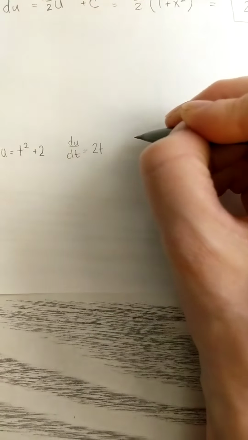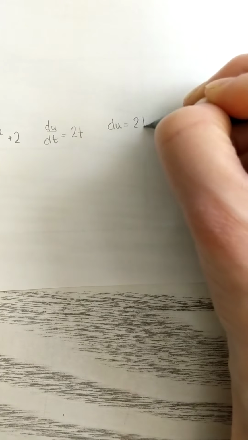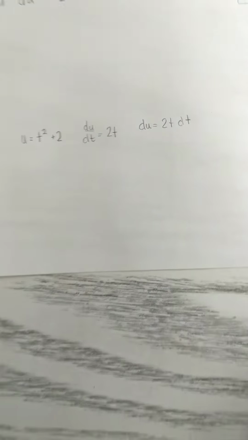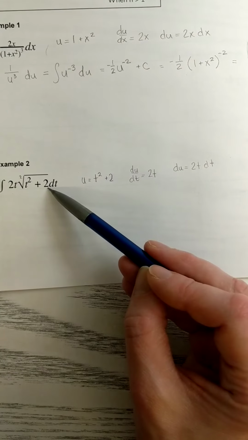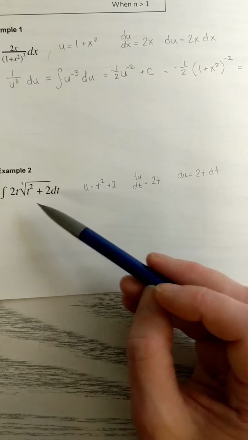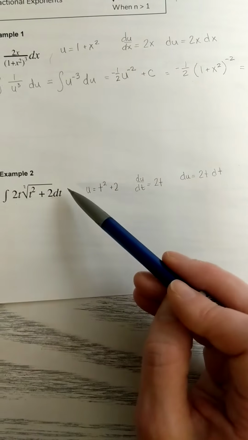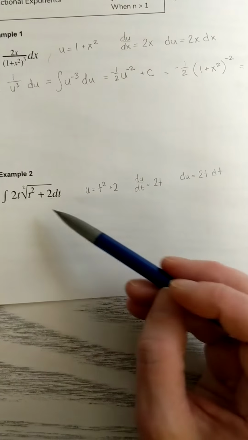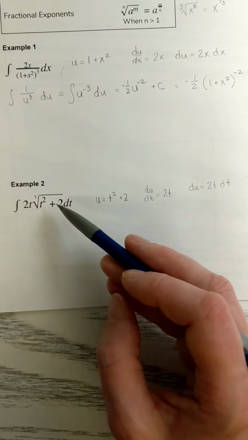And now I know that my du is 2t times dt. Okay. So when I go back and look at my problem, I see I have a 2t and a dt. The commutative property of multiplication tells us that those two can be pushed together or separated, and they still have the same effect on the rest of the equation. And now I'm just going to substitute u for my radical.